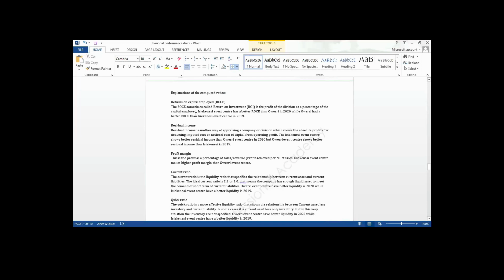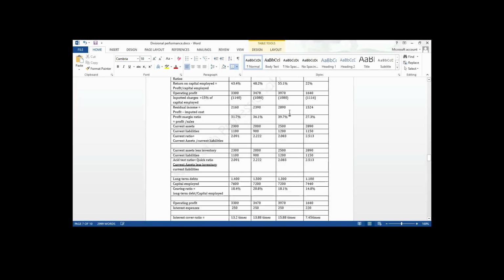Return on capital employed, sometimes called return on investment, is the profit of the division as a percentage of capital employed. Sekenisi Event Center has a better return on capital employed than Owerri in 2020. They are comparing now.